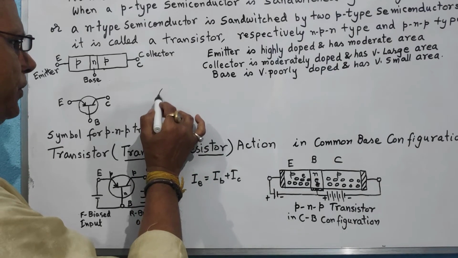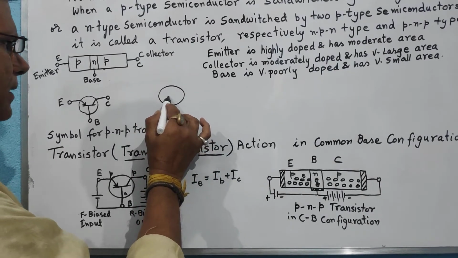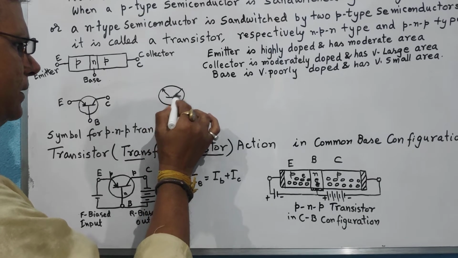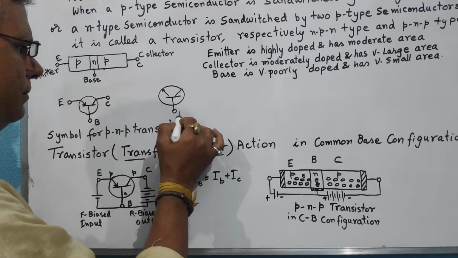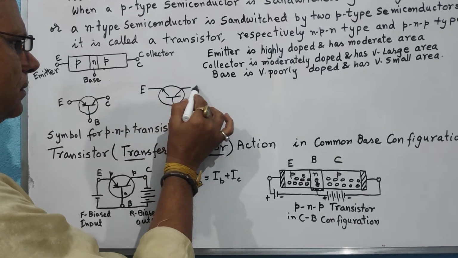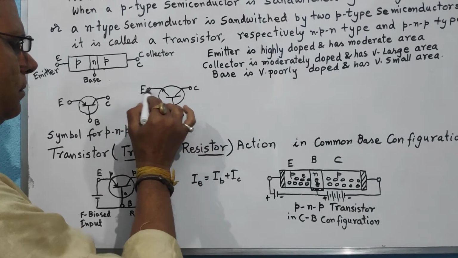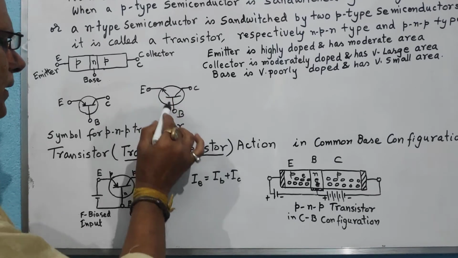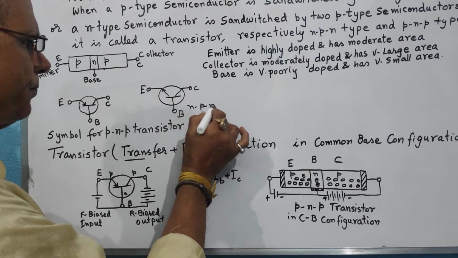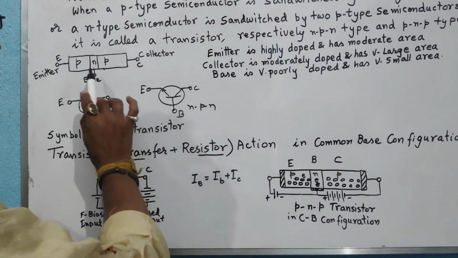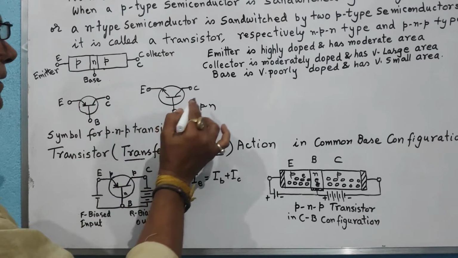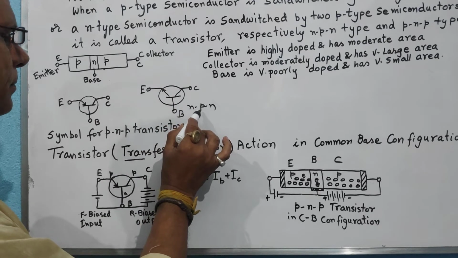And if we talk about the symbol for an NPN transistor, then the symbol will be slightly different. Here you have the emitter as shown here, with the arrow showing the flow of conventional current. This is for the NPN transistor. In this case, the emitter is of N type and the base is of P type.